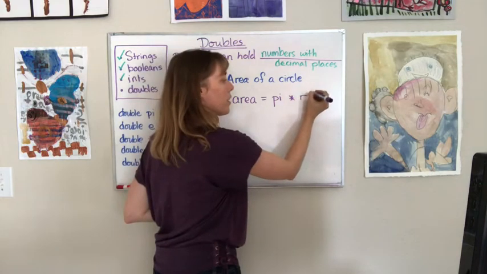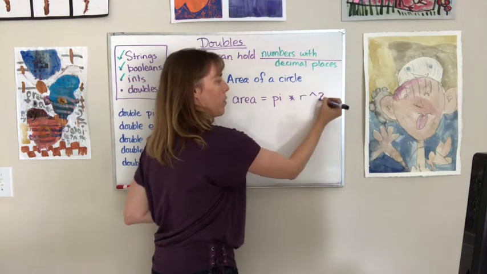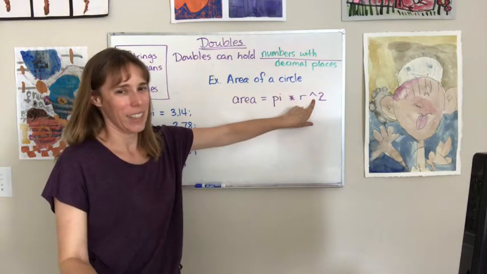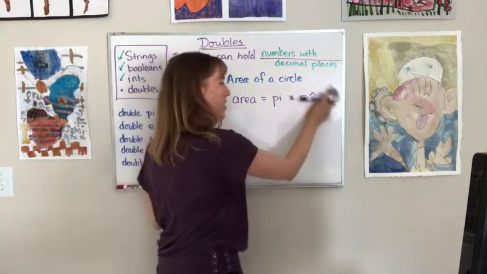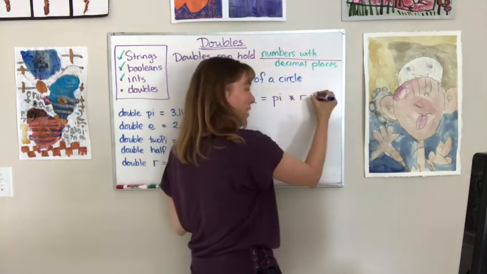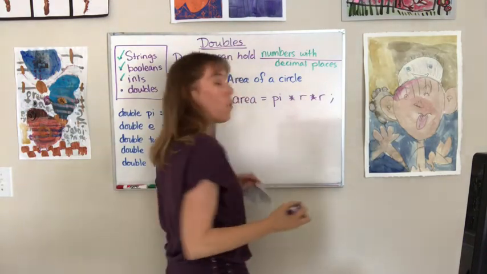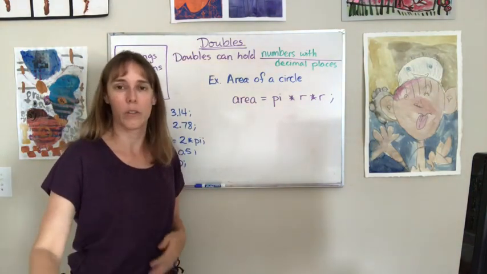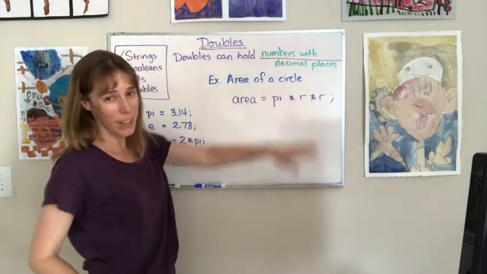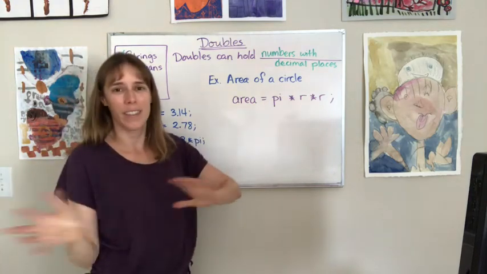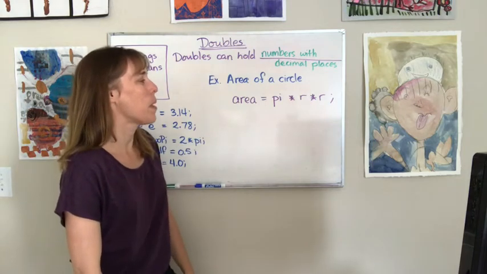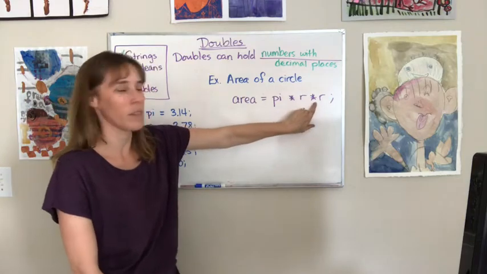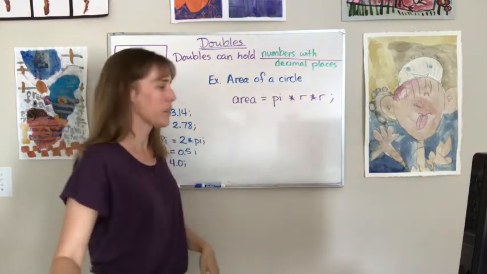It's really tempting to do this, but that doesn't exist in Java. Java doesn't recognize that. So you're actually going to have to multiply it out twice, r times r, which is completely ridiculous. People have written libraries that allow you to do different kinds of math so that you don't have to do that, and we'll talk more about the libraries. But in just basic Java the way it comes, you have to write out the times twice.